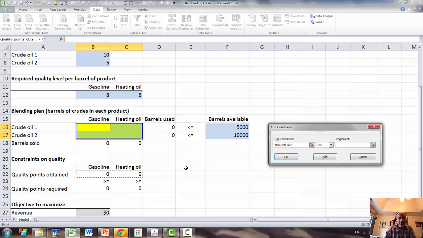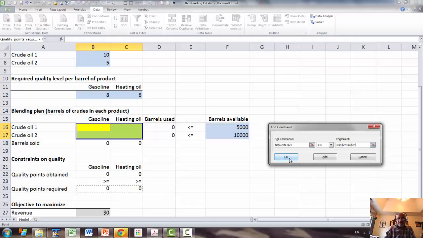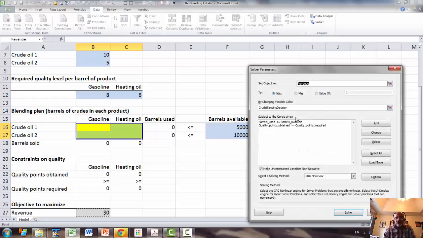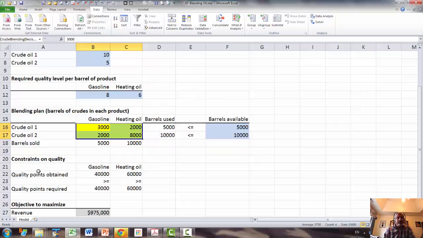And then quality points obtained must be greater than or equal to quality points required. So those are the two constraints. Maximize revenue, crude blending decision is the changing cells, and these are the two constraints. Non-negative, and then Simplex LP, and we solve. Make sure that the solver has found a solution, and here is the solution.